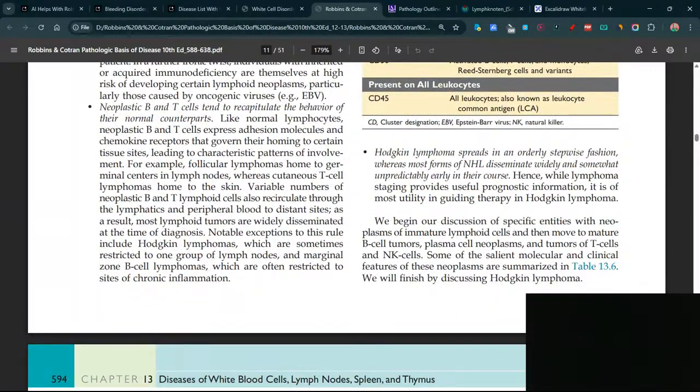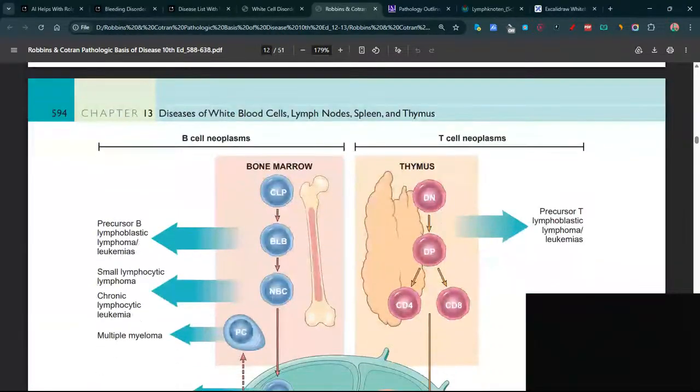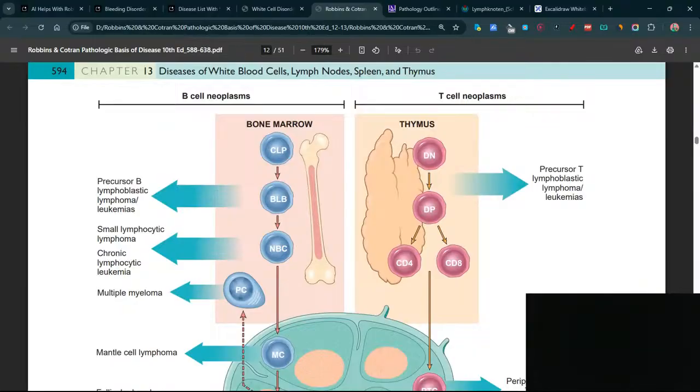And there is a big difference in how Hodgkin and non-Hodgkin cells spread. Hodgkin lymphoma is very predictable, and it moves from one node to the next one over, like a train on a track, and this makes it easier to treat with radiation.